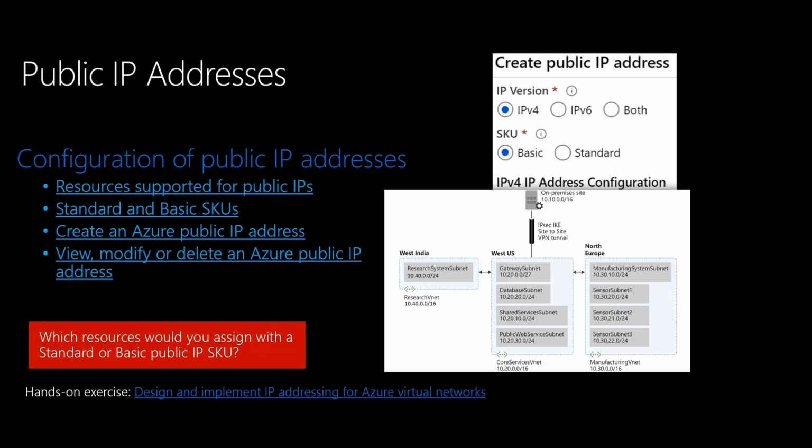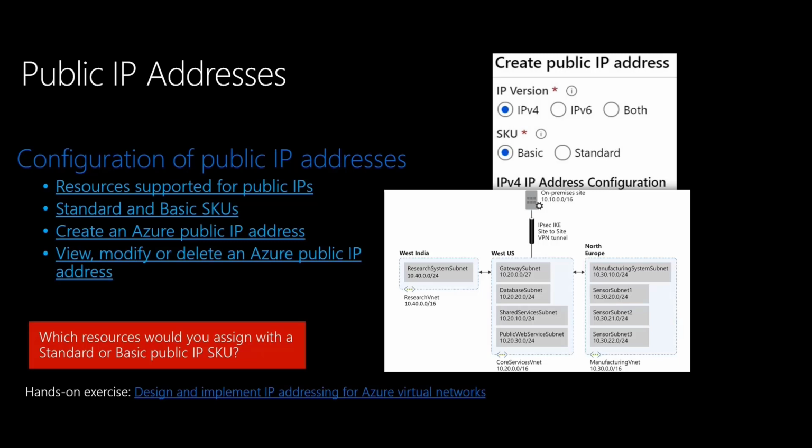A very important thing to remember is that basic IPs are open by default. So it's recommended that you use network security groups to restrict inbound and outbound traffic to your basic SKU public IPs.